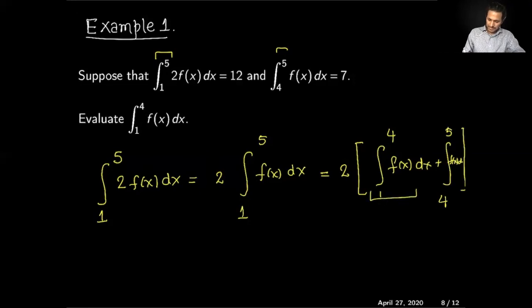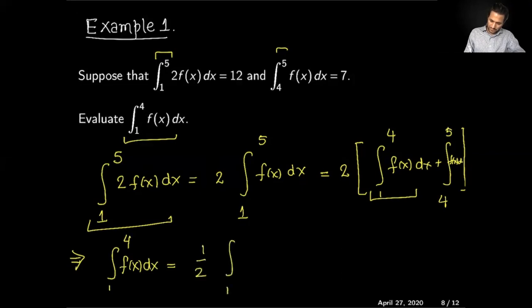1 to 4 is what I needed because I need to calculate that definite integral. So I will divide by 2 on the other side, and also move the other integral. So the integral from 1 to 4 of f(x) dx is equal to 1/2 of the integral from 1 to 5 of 2 times f(x) dx, minus the integral from 4 to 5 of f(x) dx.